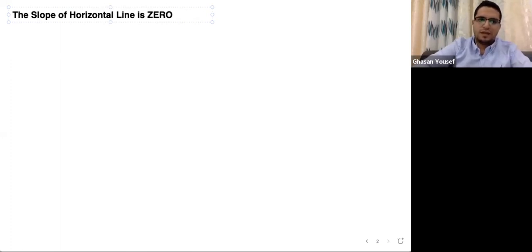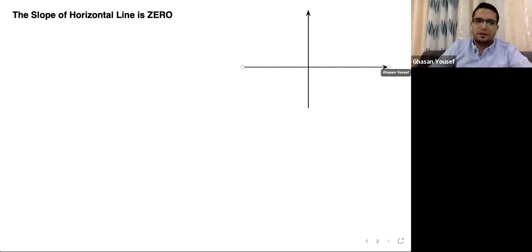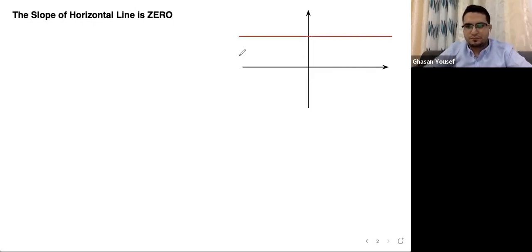Okay, suppose I have the Cartesian plane. This is my Cartesian plane. This is the x-axis, this is my y-axis, and the line is horizontal, the red line. Okay, this is my horizontal line.